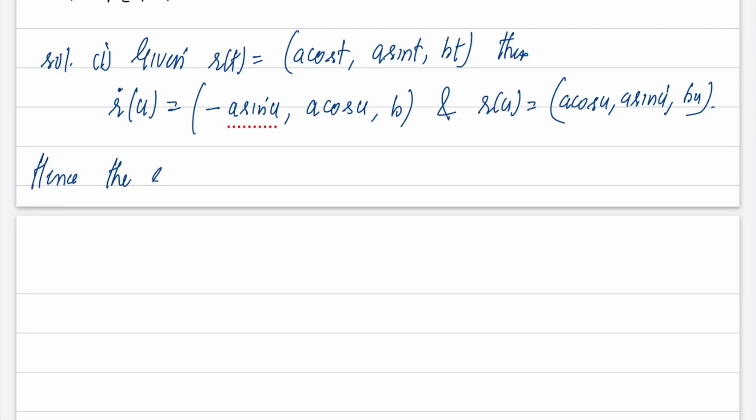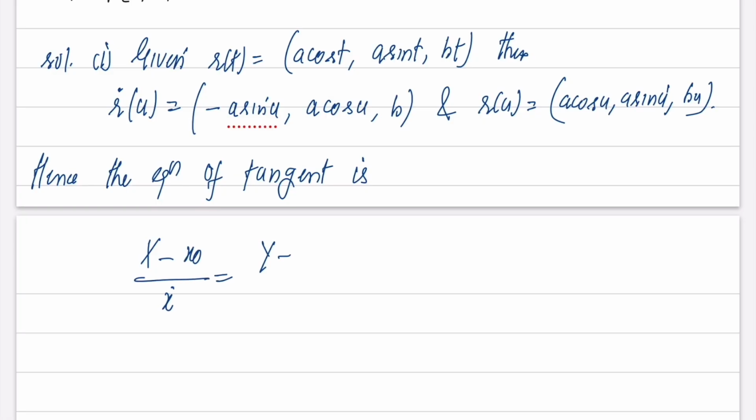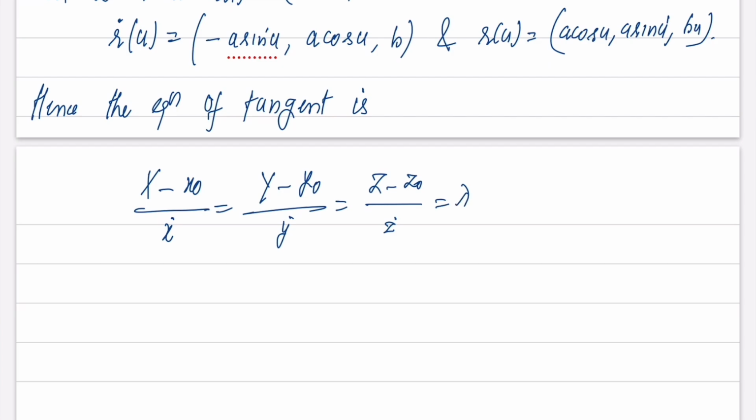The equation of tangent is x minus x naught divided by x dot equal to y minus y naught divided by y dot is equal to z minus z naught divided by z dot, and we can write this equal to lambda.